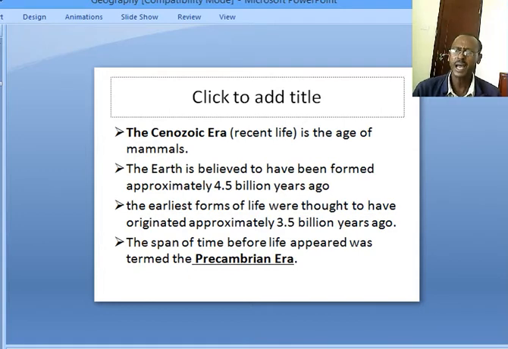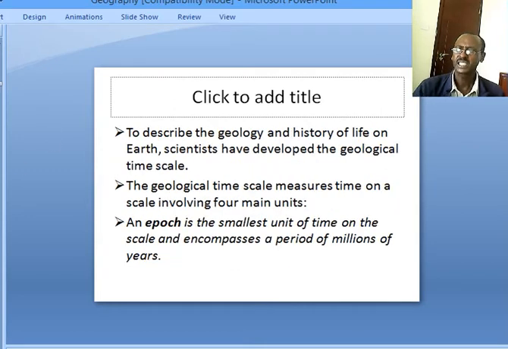So the span of time before the appearance of life on Earth, where life was not existent, is termed the Precambrian era. Meaning the Precambrian is the oldest era where life didn't exist.